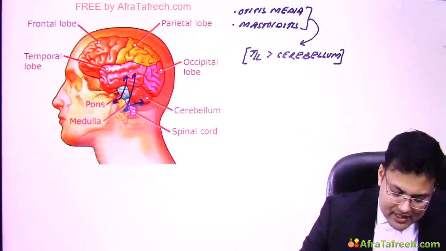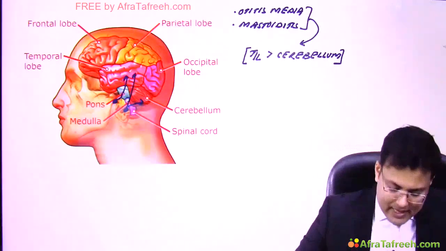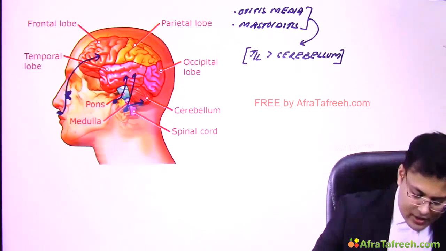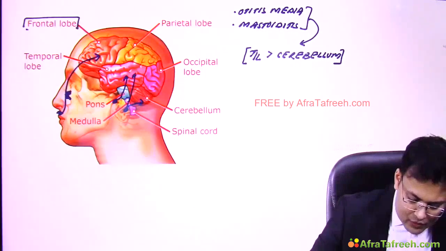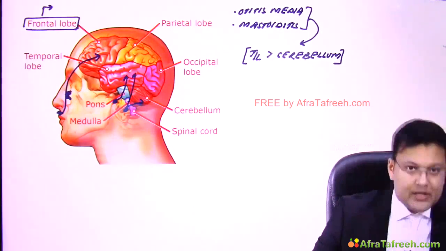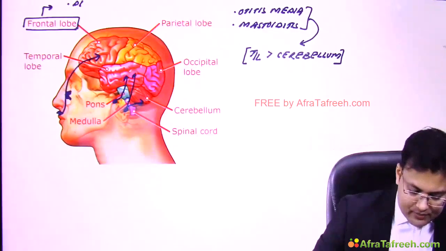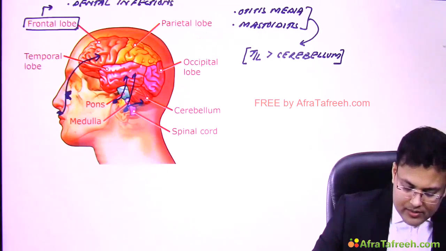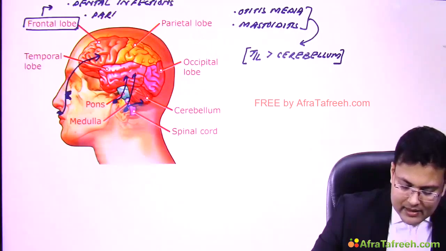If the patient has dental infection or paranasal sinusitis, the infection reaches the frontal lobe. So frontal lobe is the most common site in patients having dental infections or paranasal sinusitis.